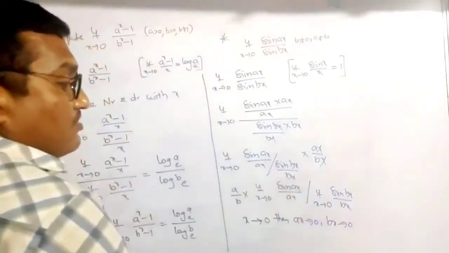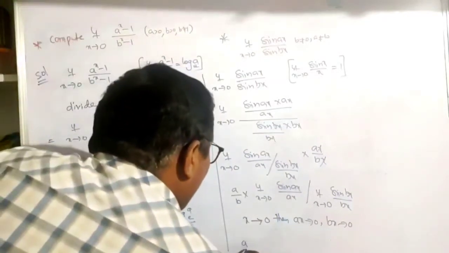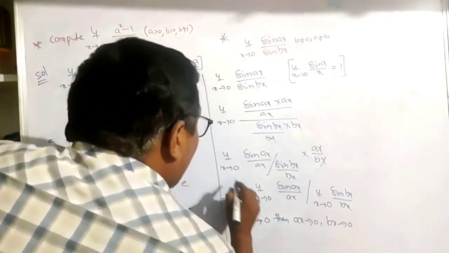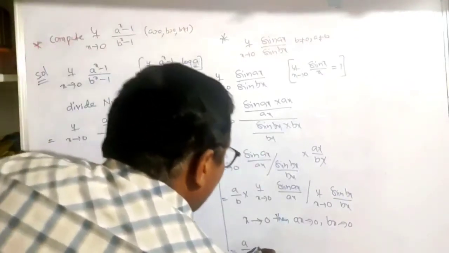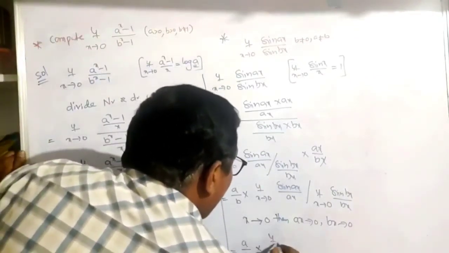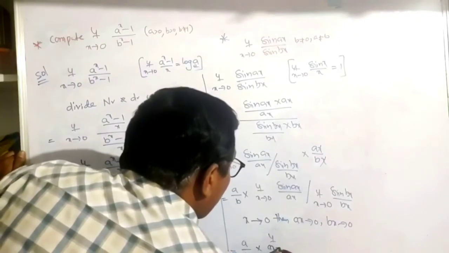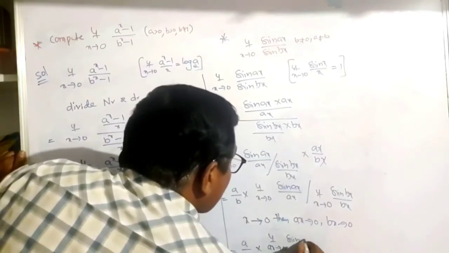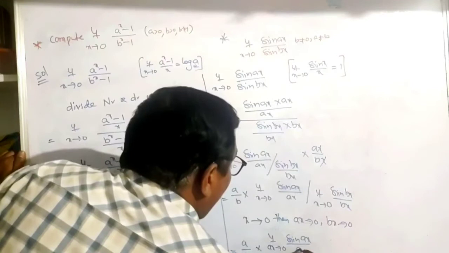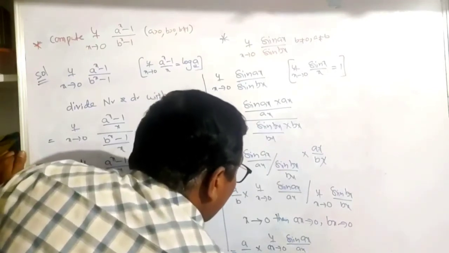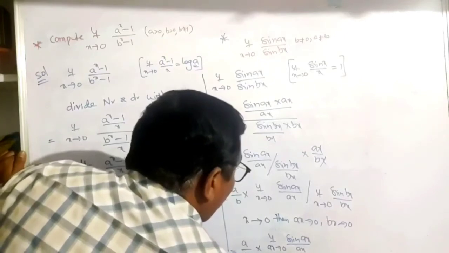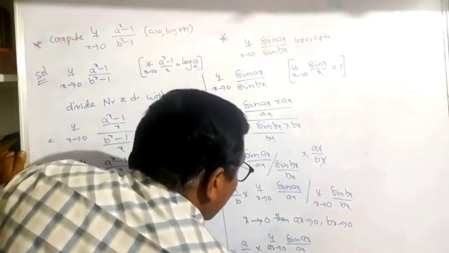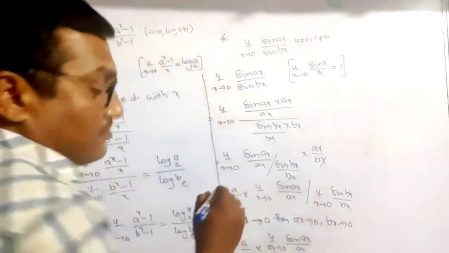Now apply the limits like this: a by b into limit ax tending to 0 of sin ax by ax, by limit bx tending to 0 of sin bx by bx.